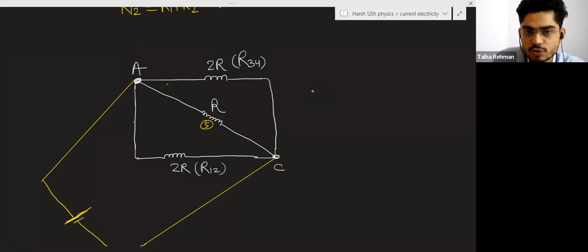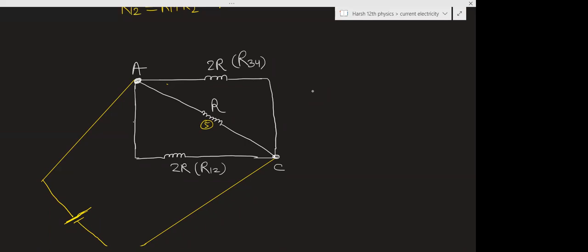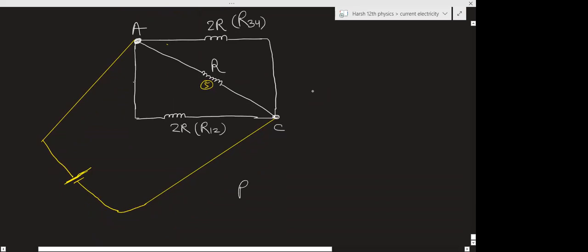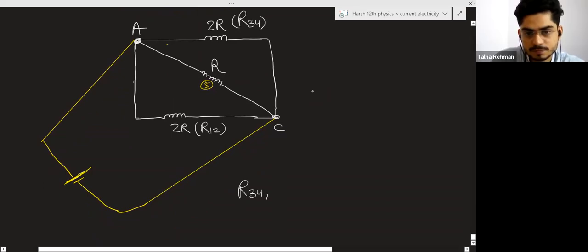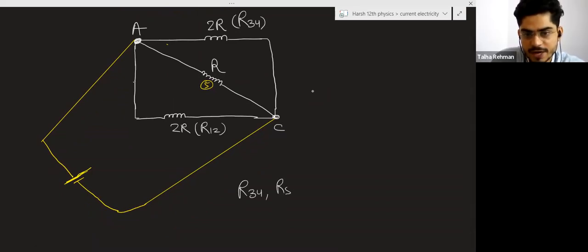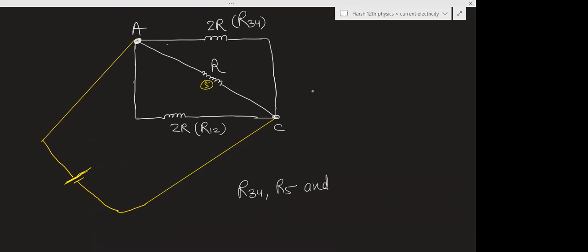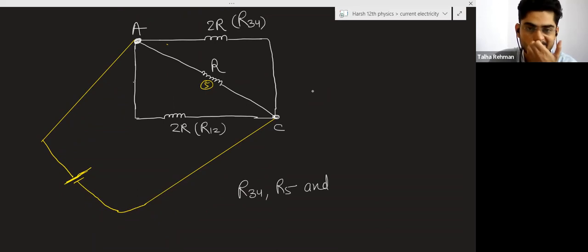See, this resistance 2R is connected end to end, and one end of this 2R is at A, one end of this R is at A, one end of this 2R is at A, and the same is the case with the other ends. So you can say R34, R5, and R12 are in parallel.